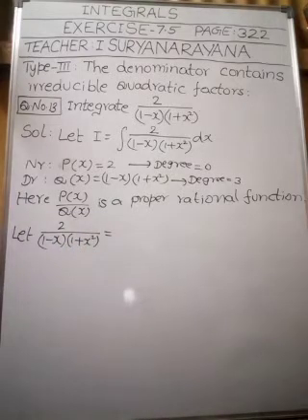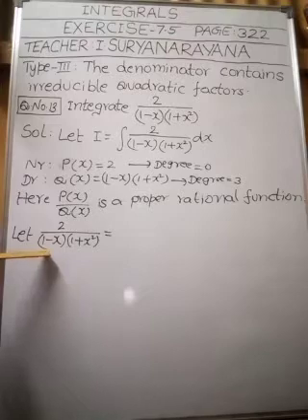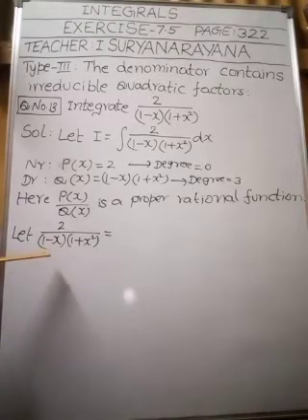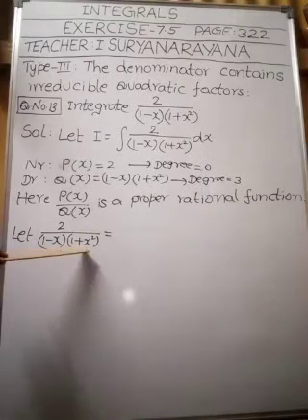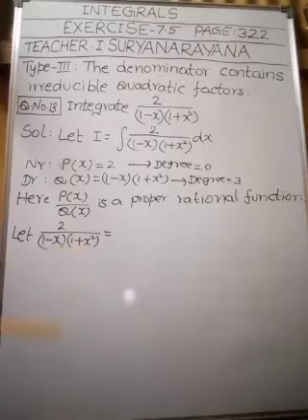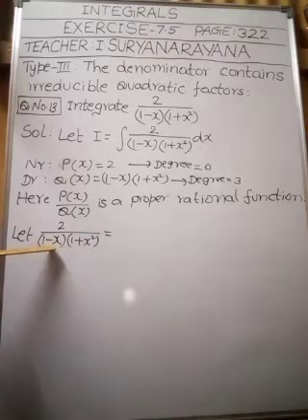Now come to the denominator. We have to focus on the denominator. How many factors are there? 2 factors. 1 minus x is one factor, and 1 plus x square is another factor. The first term, 1 minus x, is a non-repeated linear factor.